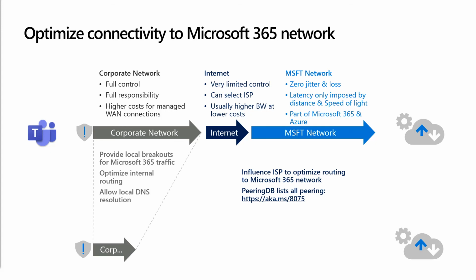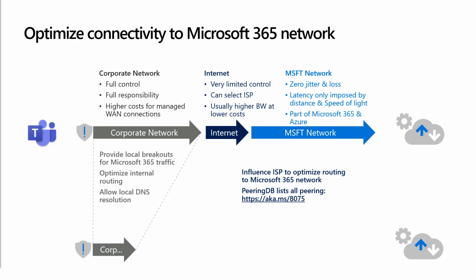So here are the things we can do to optimize connectivity. Local internet breakout. Now when we talk local internet breakout, don't forget local DNS resolution. What does this mean? It means that if you have a branch office that has local internet, that branch office has to be able to go out to the internet as well for DNS.